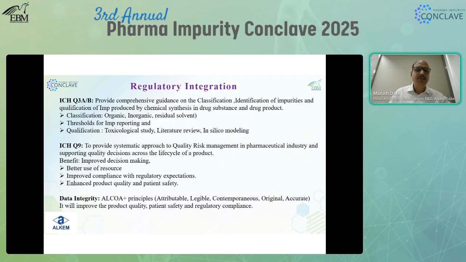And ICH Q9 clearly defines the systematic approach for quality risk management during the life cycle of the product development, and the decision tree should be defined. Whether the impurity is clearly characterized and defined, and it is better to use the resources and improve compliance and regulatory expectation and enhance the product quality and patient safety.